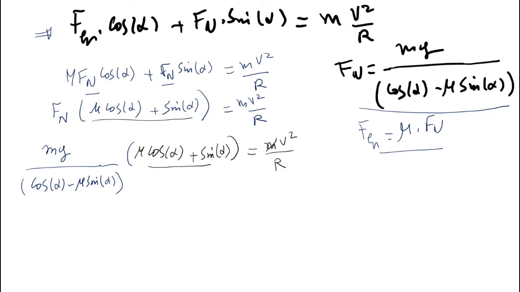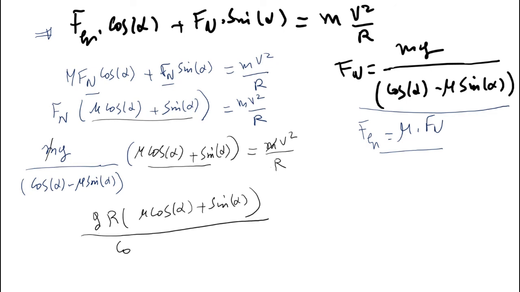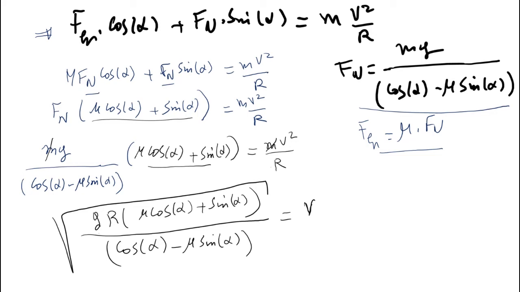We have the mass here, so we can cancel the mass, and I can move r upstairs. So we have g times r times mu cosine alpha plus sine alpha, divided by cosine alpha minus mu sine alpha, and this equals v squared. If I want v, it's just the square root of this term. Remember, we are looking for the maximum speed at the radius r of 50 meters.